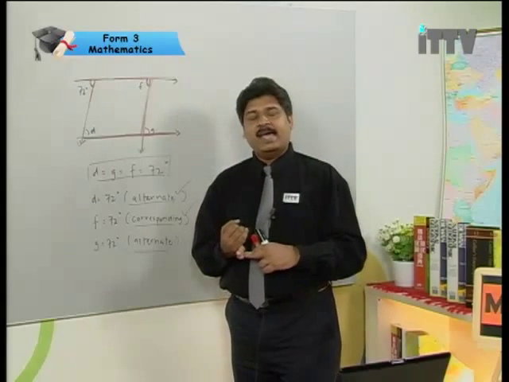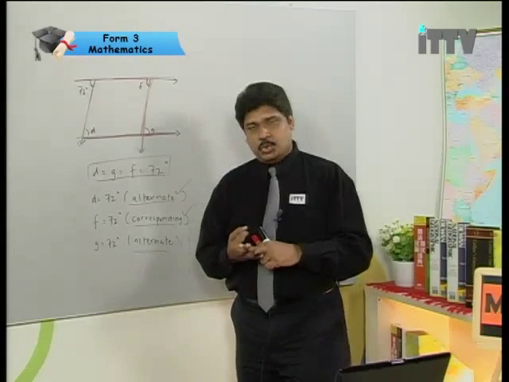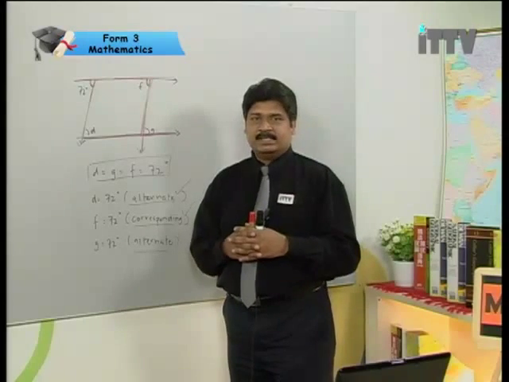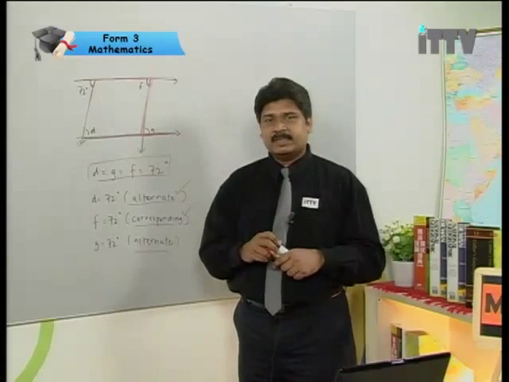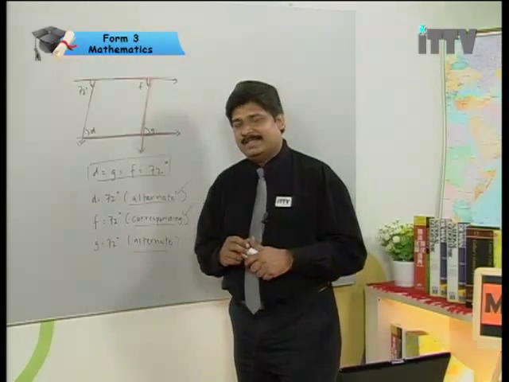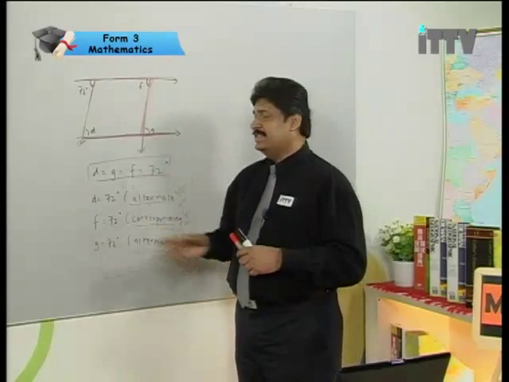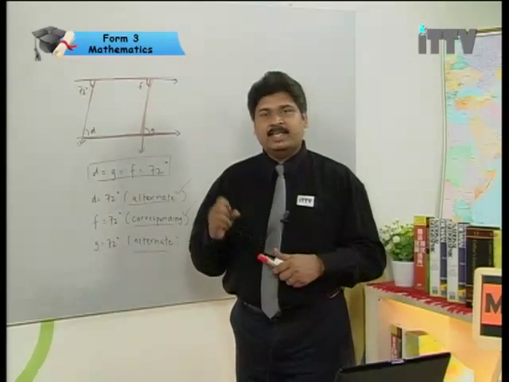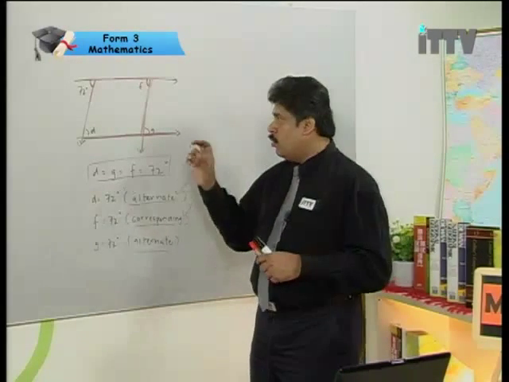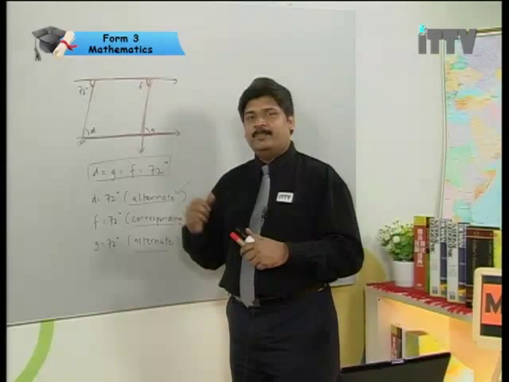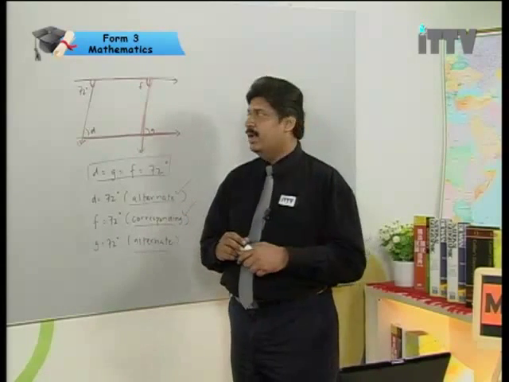Corresponding angles with the letter F, alternate angles with the letter Z, and interior angles with the letter U. If you can remember all these letters, and if you can locate these letters in your questions or in the diagrams, then obviously your attempt on those questions will be much easier and much faster. In your examination, we are talking about speed. As such, you must be fast to detect what kind of concepts we are dealing with under parallel lines. I hope I have made myself very clear to you and you have understood our lesson today.